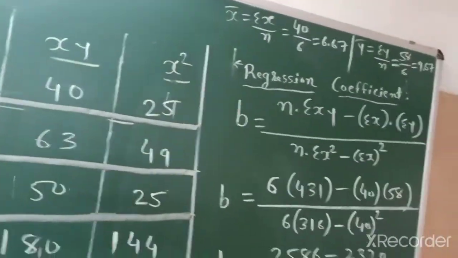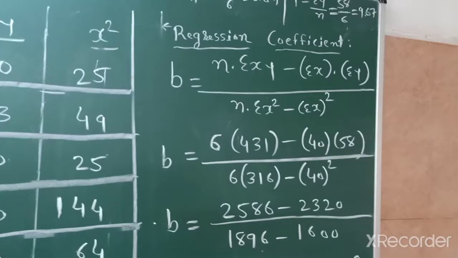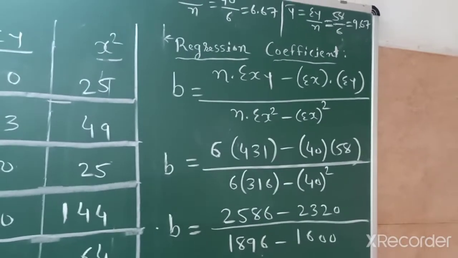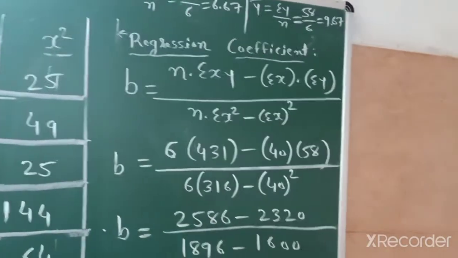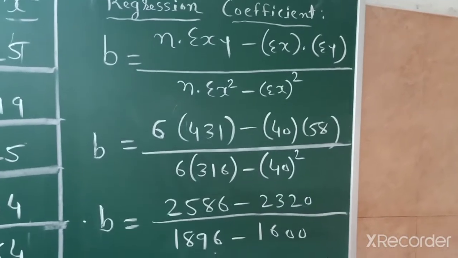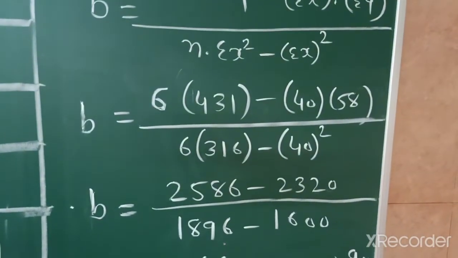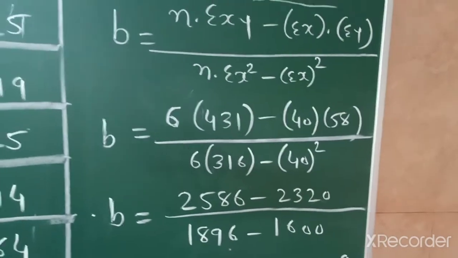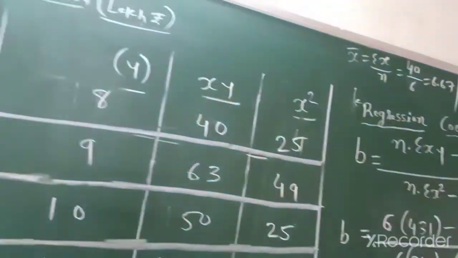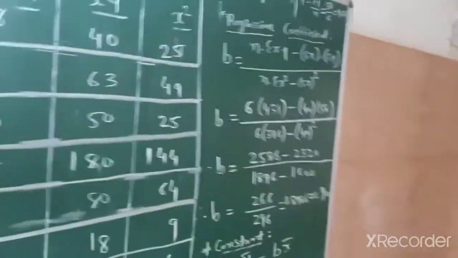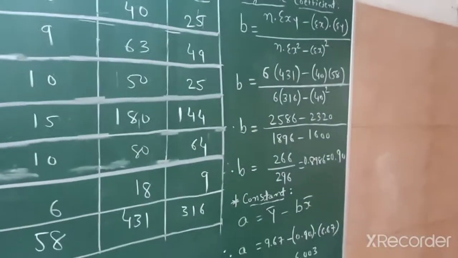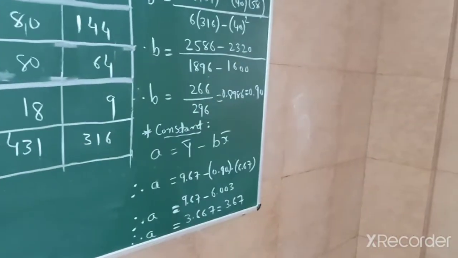After finding x bar and y bar, our first step is to find the regression coefficient, that is b, n sigma xy minus sigma x into sigma y upon n sigma x square minus sigma x, the whole square. Then we find the constant a, that is y bar minus b x bar.